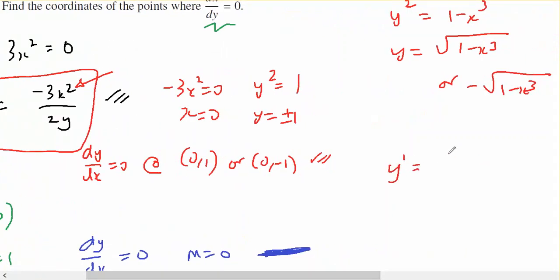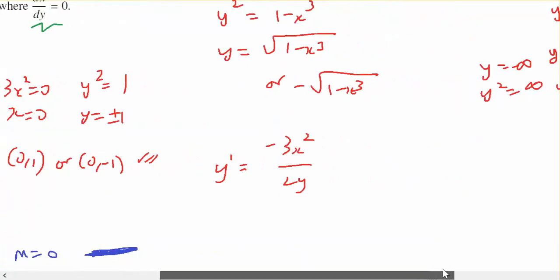So y dash equals minus 3x squared on 2y, and I need to do the quotient rule on this.